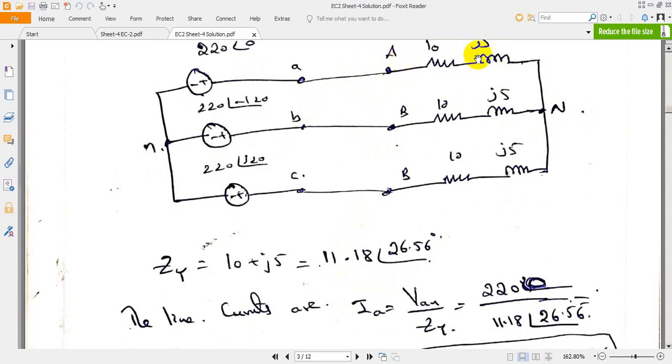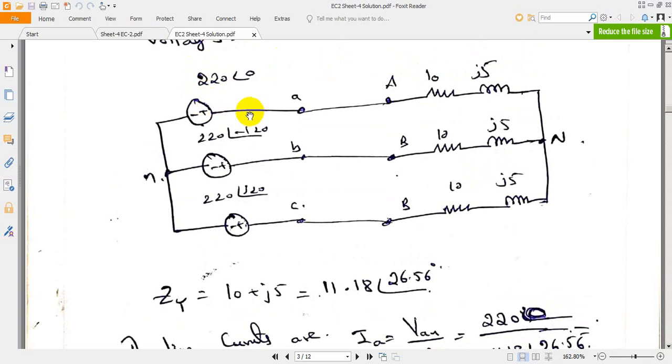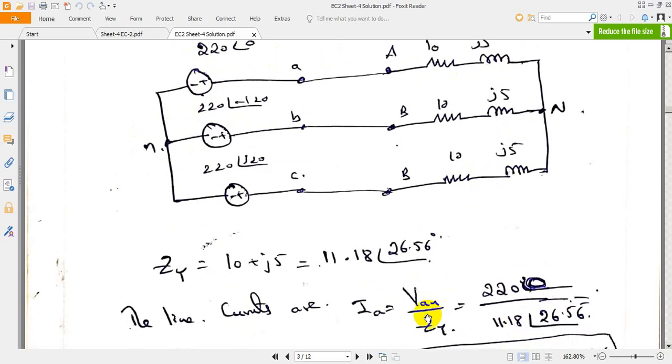Voltage across this element, VAN, the supply voltage, divided by ZY, this impedance. This voltage divided by this impedance gives us this current.